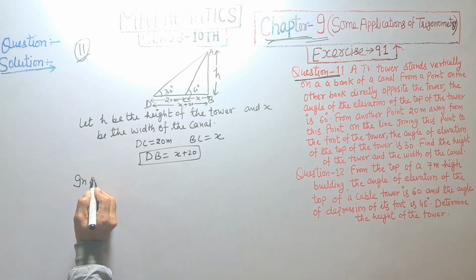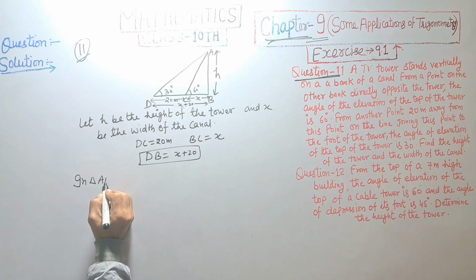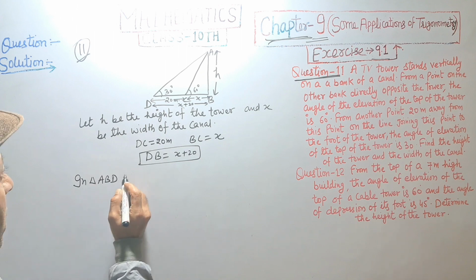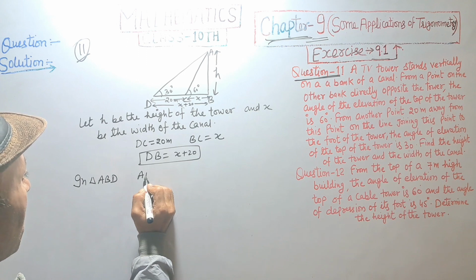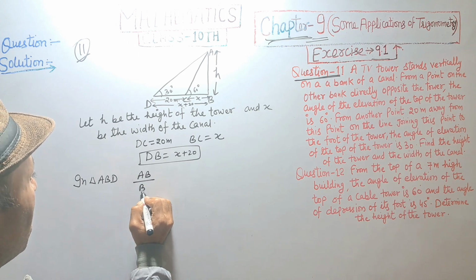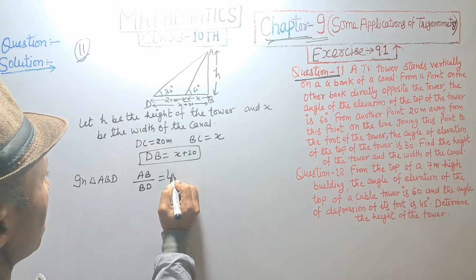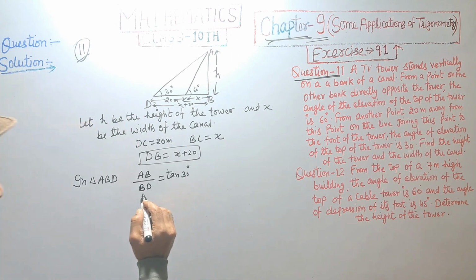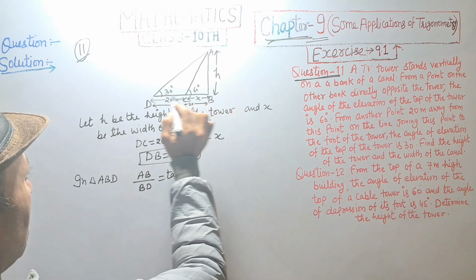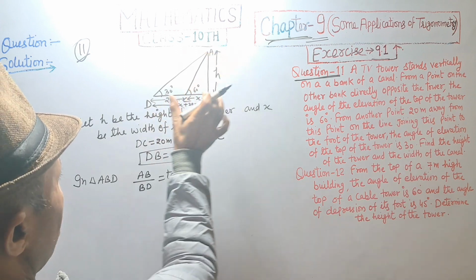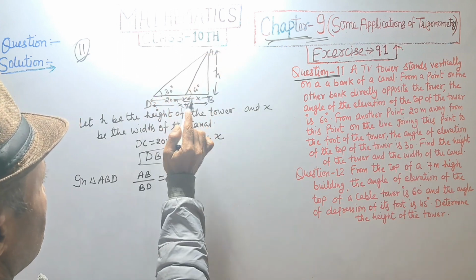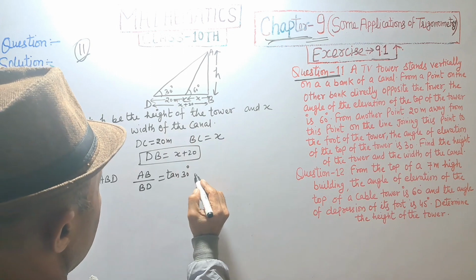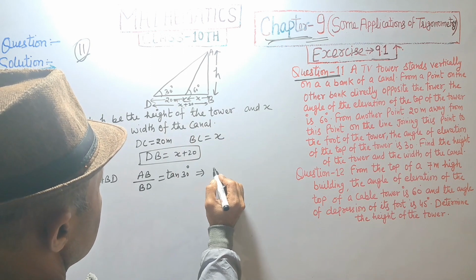In triangle ABD, AB upon BD is equal to tangent 30 degrees.